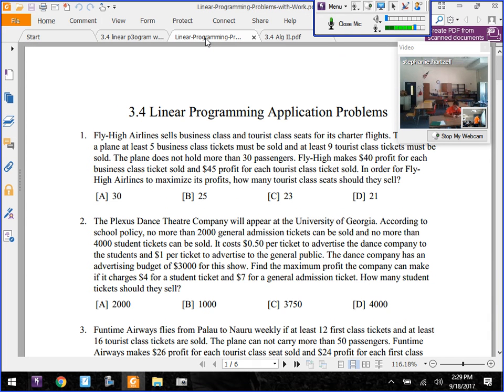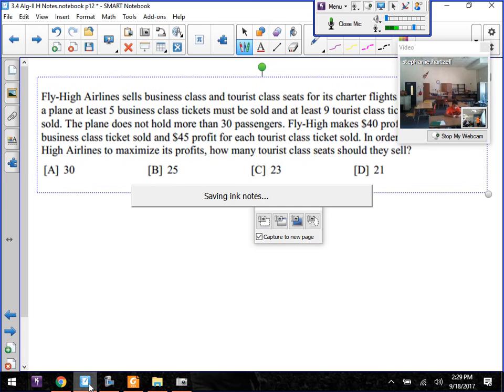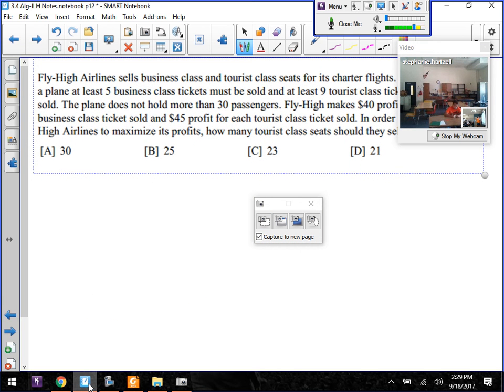This first one has us talking about Fly High Airlines. They sell business class and tourist class seats on charter flights.